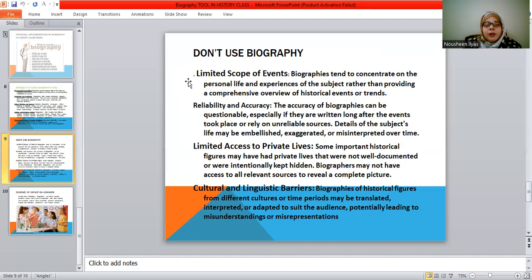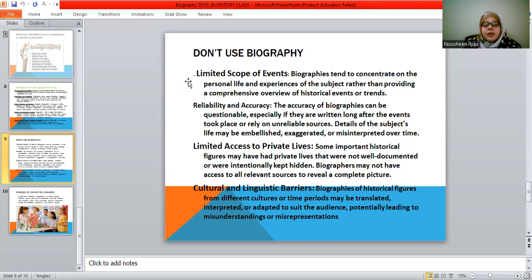Limited access to private life. Don't use biography, because some historical figures might have had a hidden private life which they didn't want to share, that was not well documented, or was intentionally kept hidden. So some historical figures don't want to share their lives, and in this way the biography was not well documented.